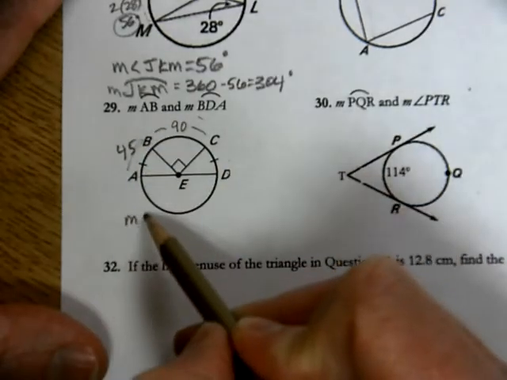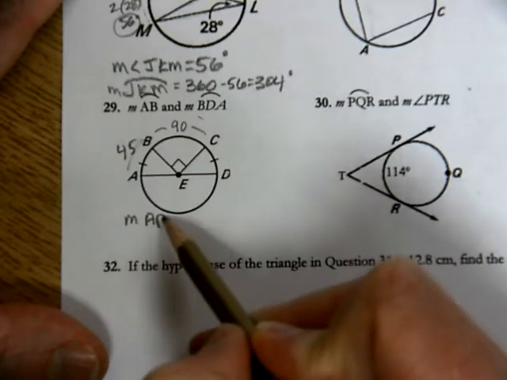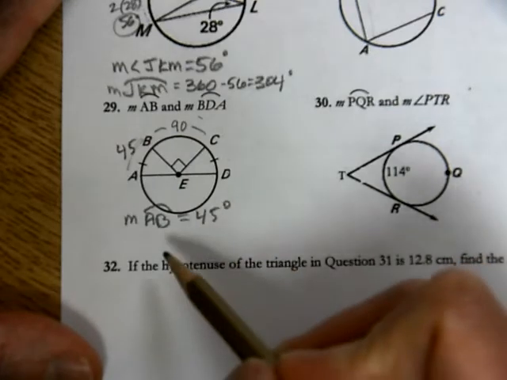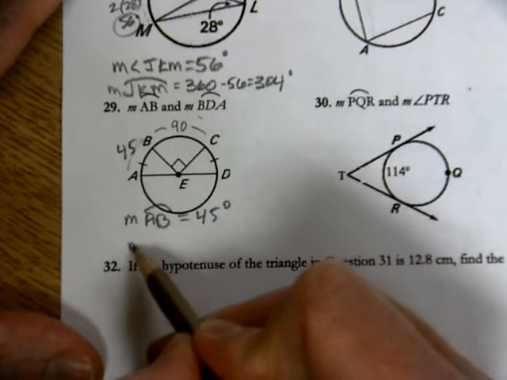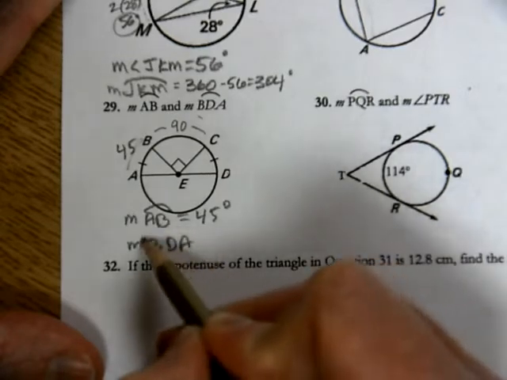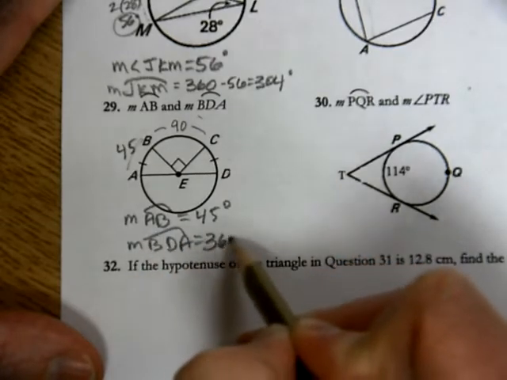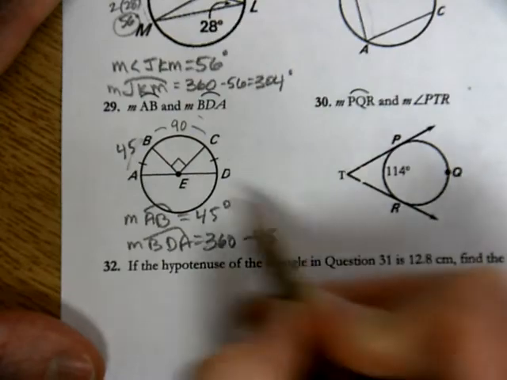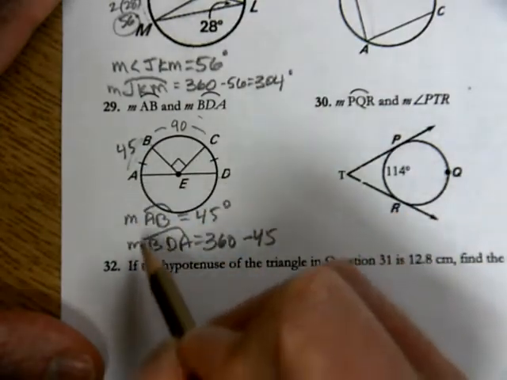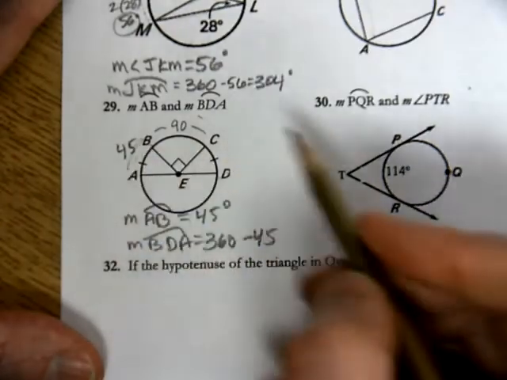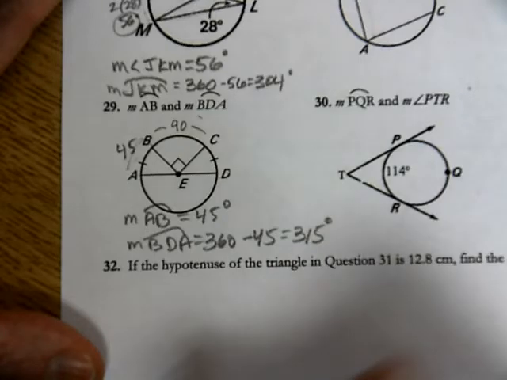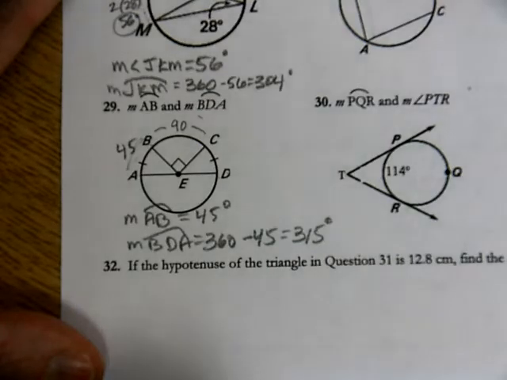The measure of arc AB is going to be 145 degrees. And then the measure of arc BDA is going to be the 360 minus the part that we know. BDA is everything but the 45. That's 315.